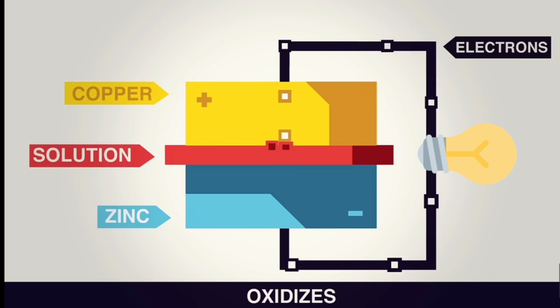So the bulb will glow as electrons are flowing through it. This process continues until the zinc block fully dissolves in the salt solution. When the zinc block fully disappears, our battery is fully dead.